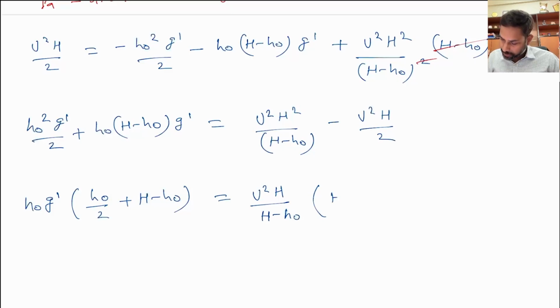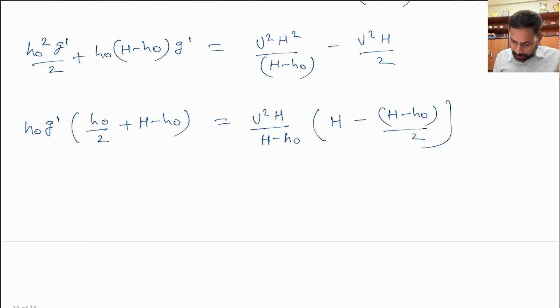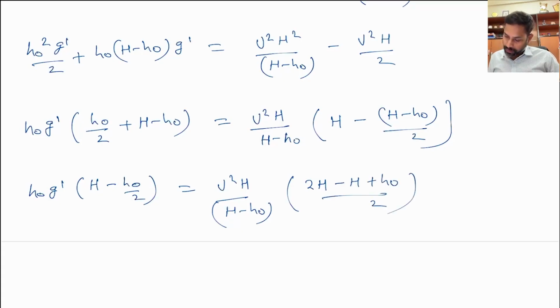So this becomes H minus (H minus H naught) over 2. All right, so this can further be simplified. The H naught g prime, this becomes (H minus H naught) by 2, and this side is H square over (H minus (H minus H naught)), and this becomes (2H minus H plus H naught) by 2.